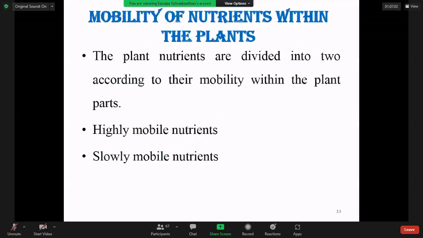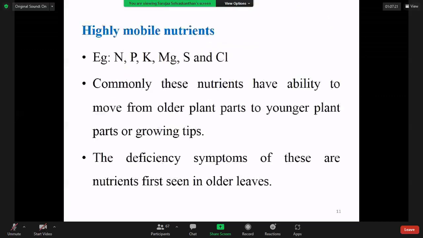Then, what do you mean by highly mobile nutrients? They move from older plant parts to younger plant parts. Yes, nutrients which are translocated from the older parts to the younger parts.